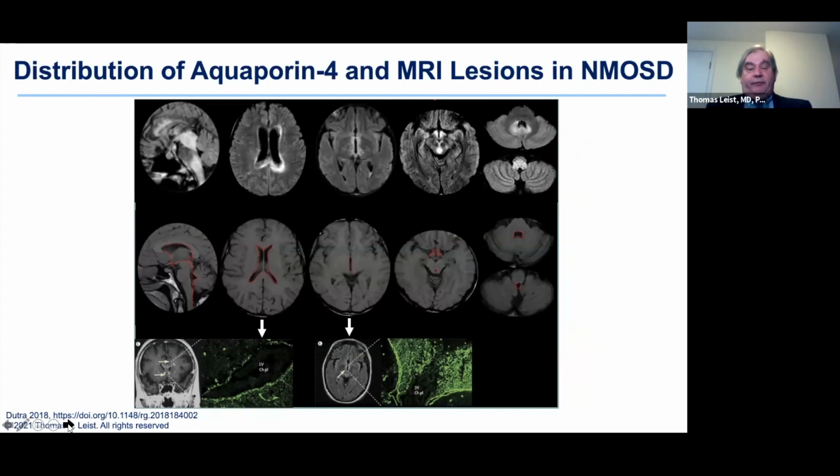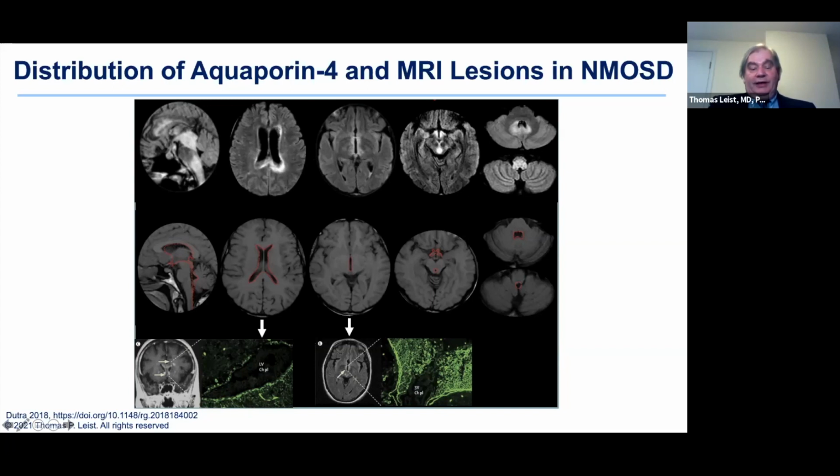Well, if you look on the MRI in patients, wherever you see the darkness in these images on top, like for example here, that's a ventricle, you see that the lesions or the areas that are abnormal in neuromyelitis optica are around these areas.